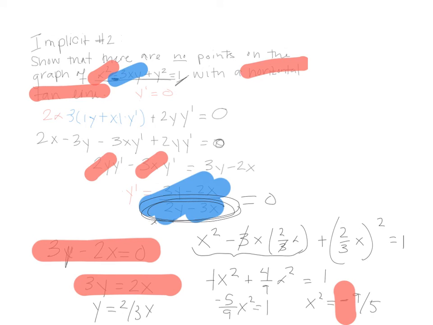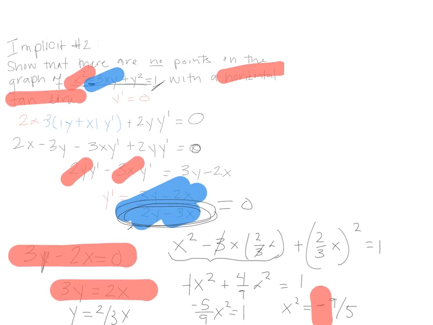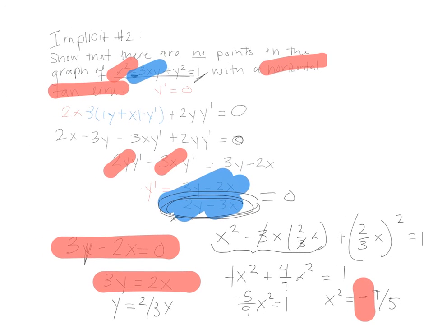But then we did this empirical proof right here. This piece is the logical part, and it says that if I substitute y equals 2/3 x and boil it all down, I get an equation where x squared equals a negative number, and that provides us with no real solution.